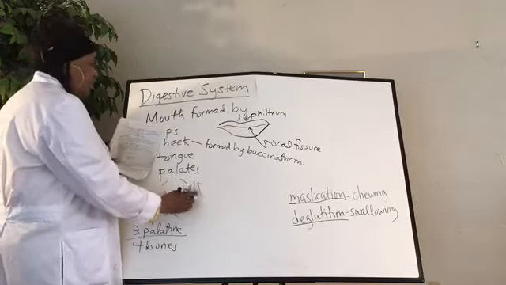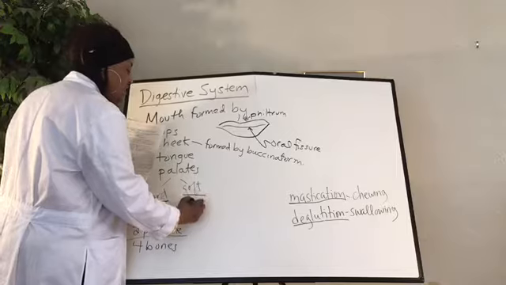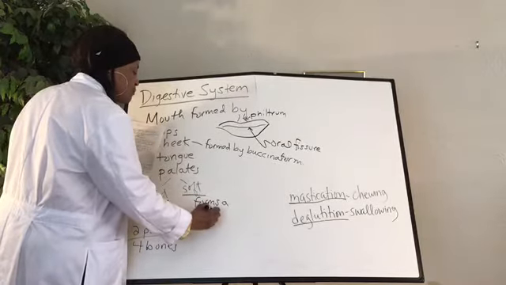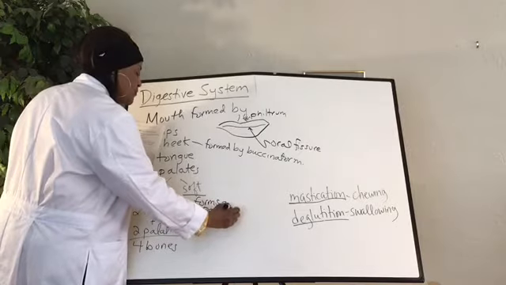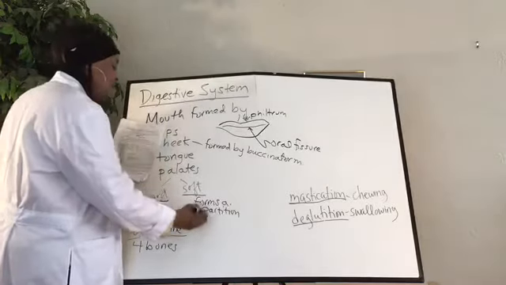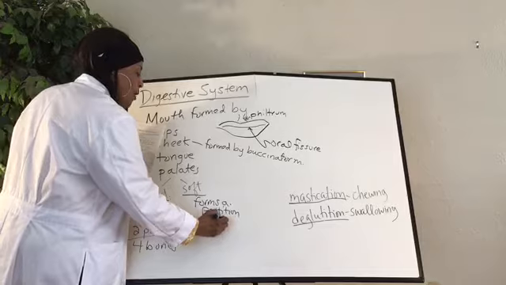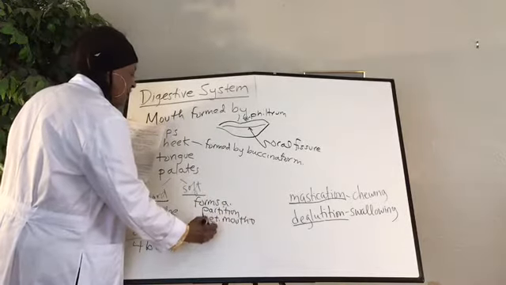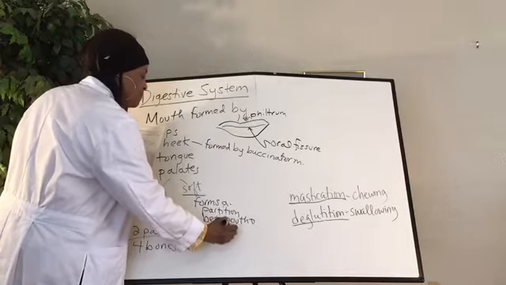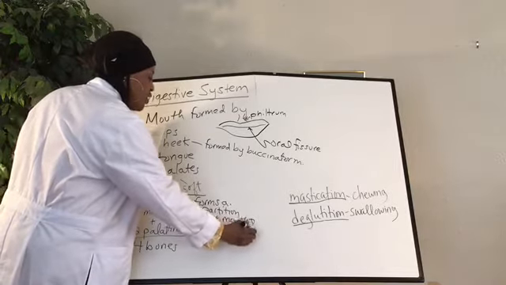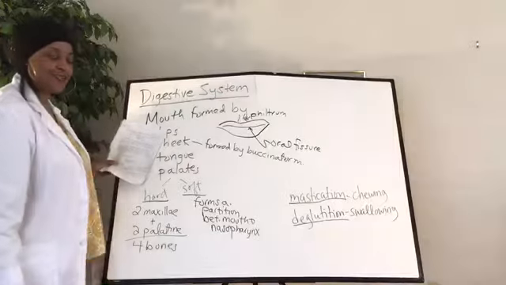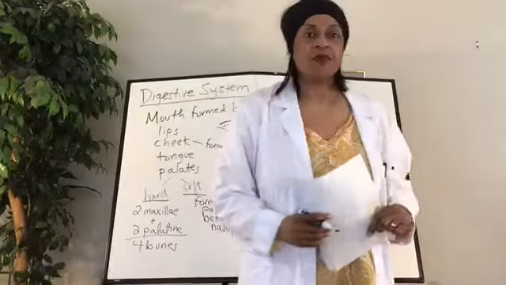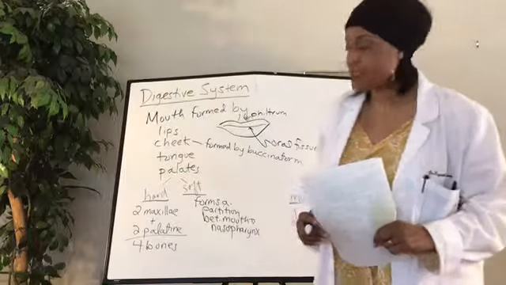The soft palate just forms like a partition between the mouth and the nasal pharynx. And I know you know where the nasal pharynx is because you learned that when we did the respiratory section.